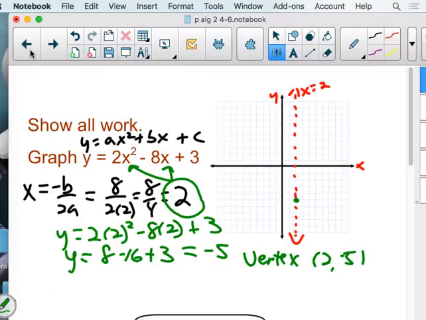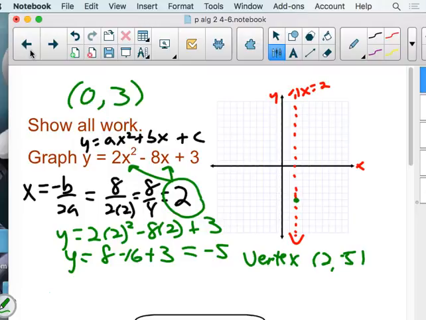I hope we have one super easy point that we could find, so we don't have to make a table. Is there a super easy point to find? 0, 3. Always 0, c.